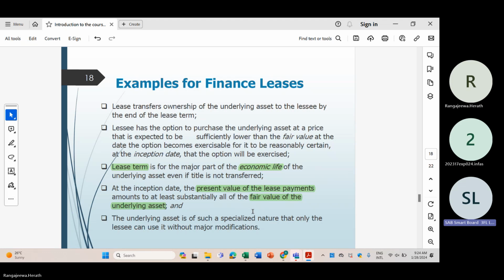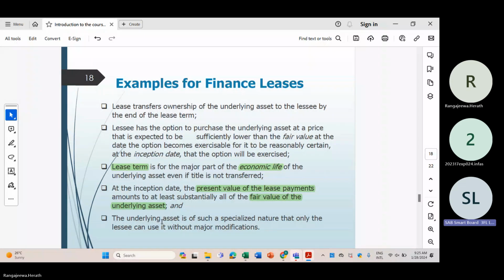The bank recovers the full value of it through the lease rentals. So the present value of lease payments is basically equal to the fair value. That is a finance lease.